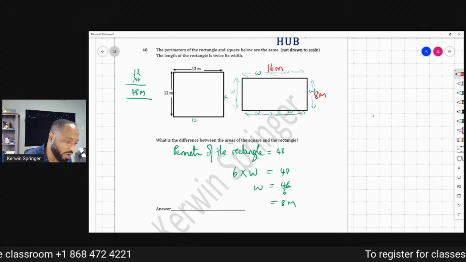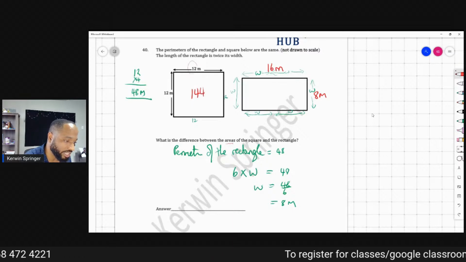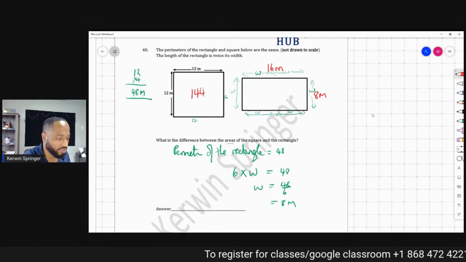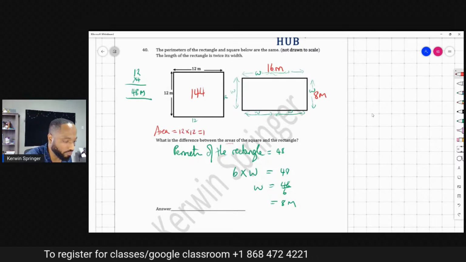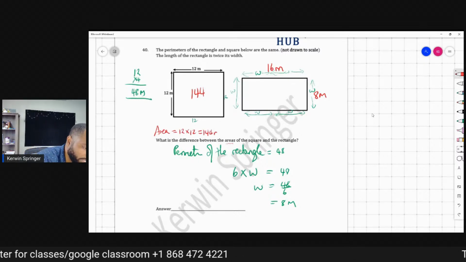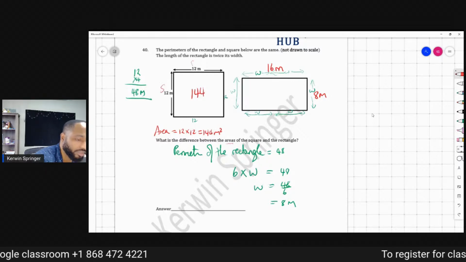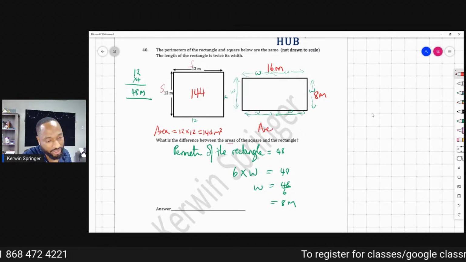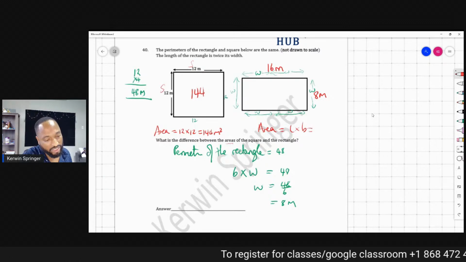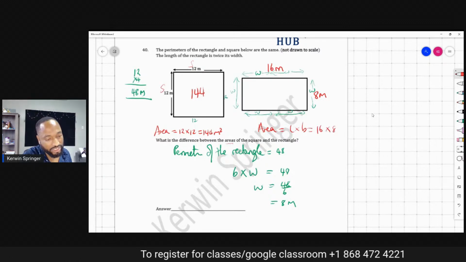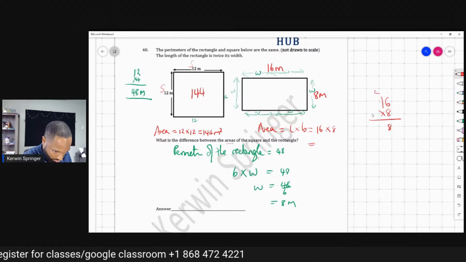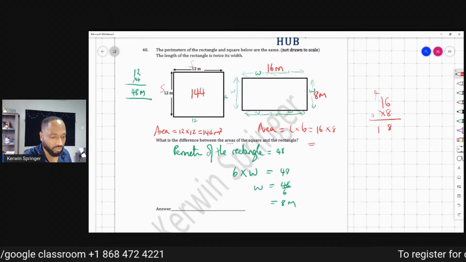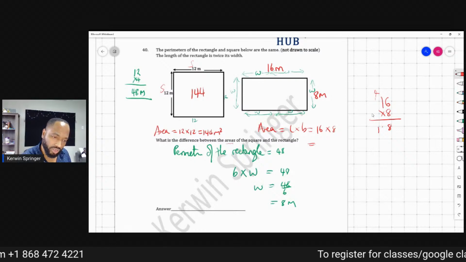So the area of this is 144. And I know that because the area is 12 by 12. Area is equal to 12 times 12, which is 144 meters squared. And the area of this is length by breadth, which is equal to 16 times 8. And how much is 16 times 8, people? 128.